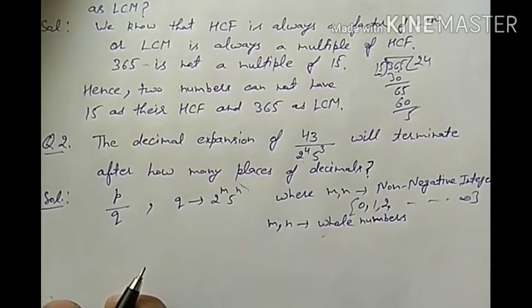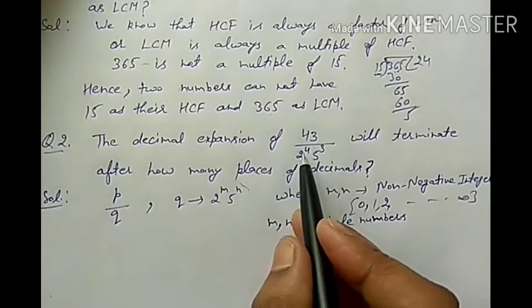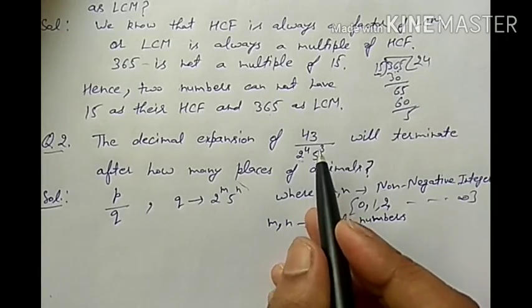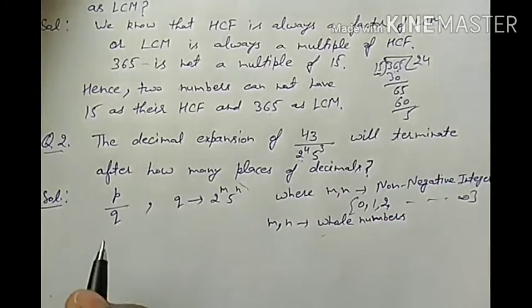So here the prime factorization of the denominator is already in the form of 2 raised to power 4, 5 raised to power 3. So it will terminate.